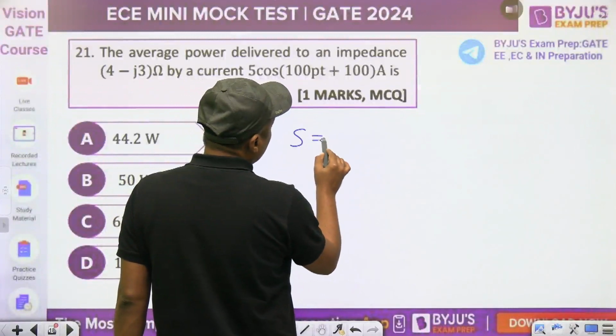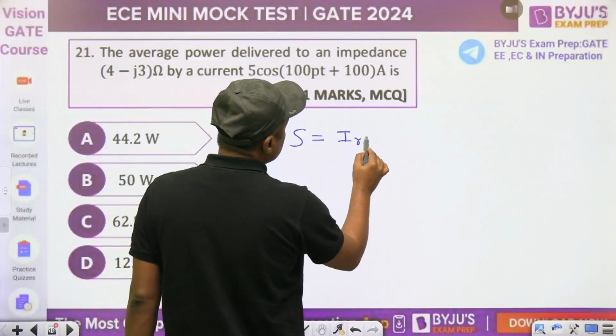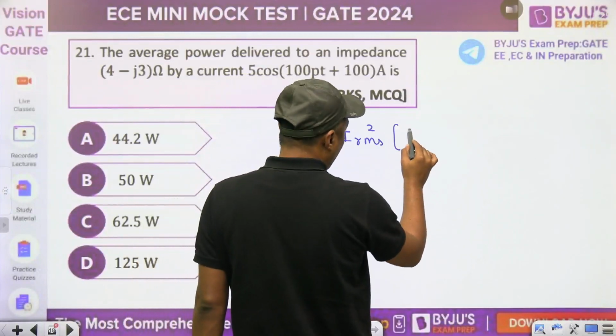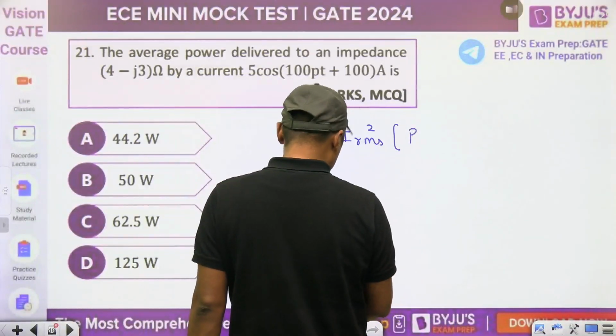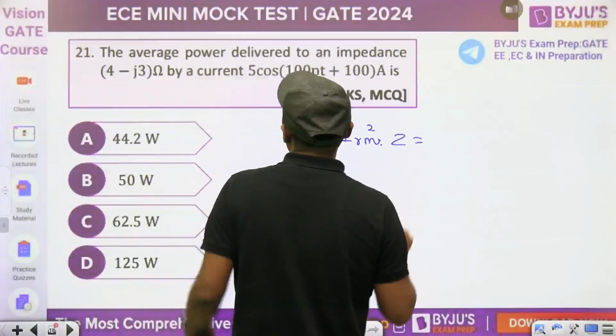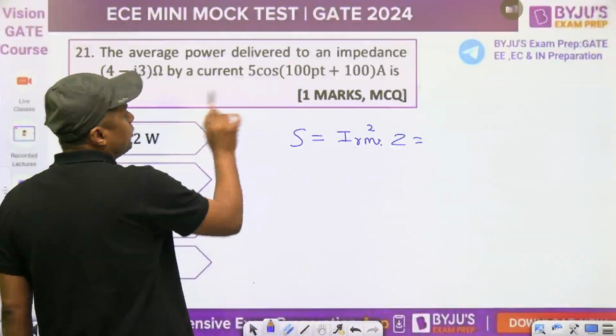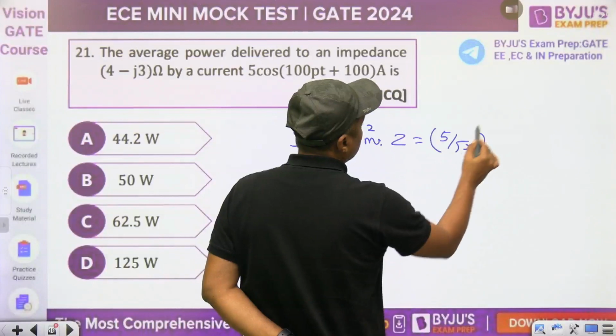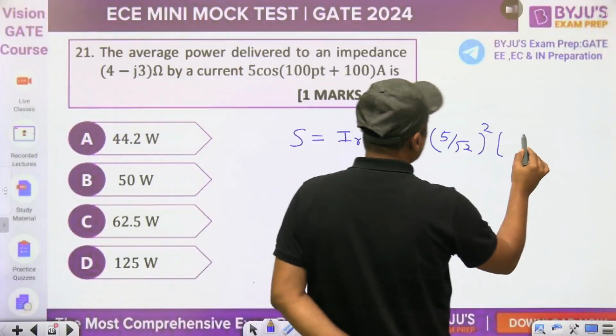Complex power S is given by I RMS square into Z, this is the impedance. What is the RMS value of the current? 5 by root 2, square. What is the impedance? 4 minus j3.